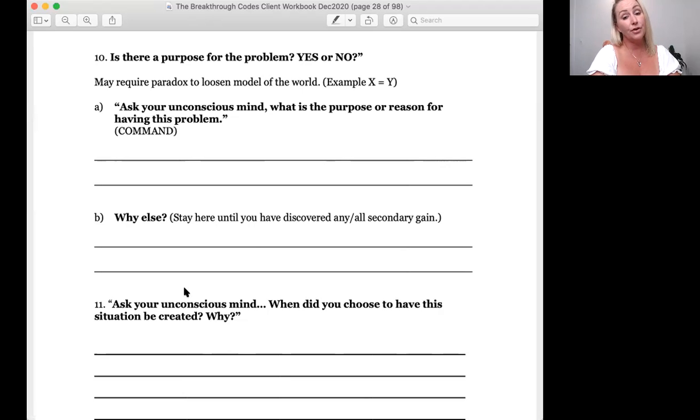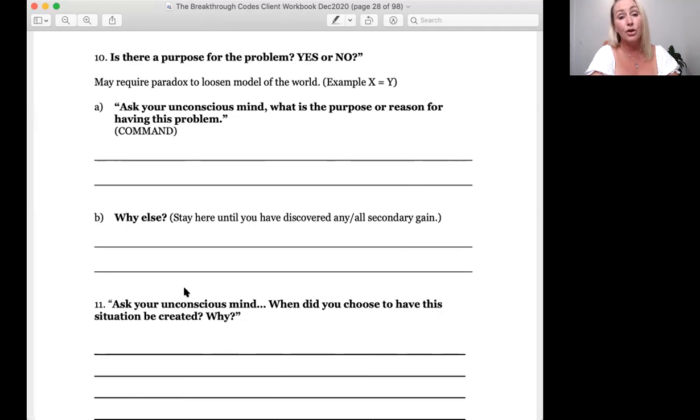They could say no, but let's say they say yes, because this paradox can work when they say yes for this particular reason I'm going to give you, but also when they say no. So let's say they say yes, there is a purpose. Great. Now, A, ask your unconscious mind, what is the purpose or the reason for having this problem? Command tone, okay? So you do that in a nice, strong, authoritarian voice because you're speaking with your unconscious mind. And they say, it protects me.